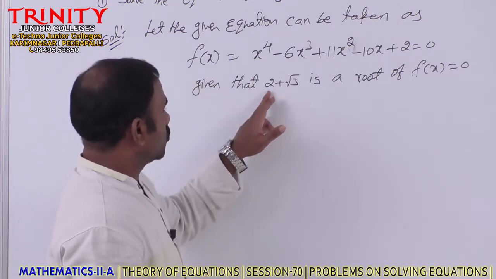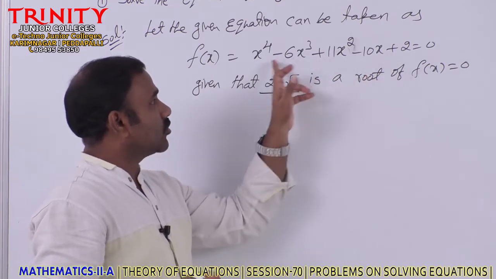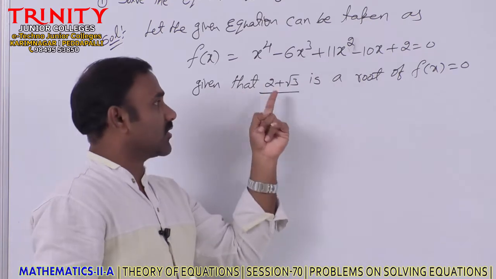Given that 2 plus root 3 is a root of f of x equal to 0. For this, we have to actually solve this equation. We should get the 4 roots. In that, one root is given.